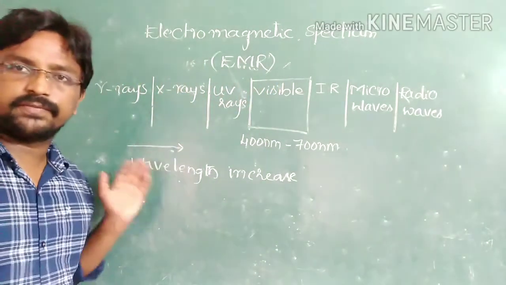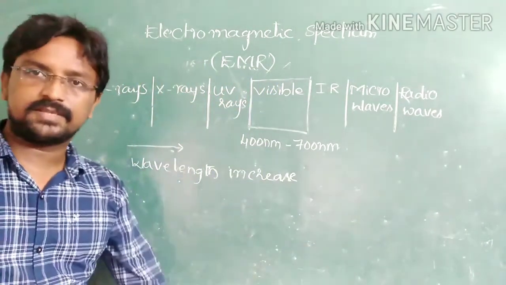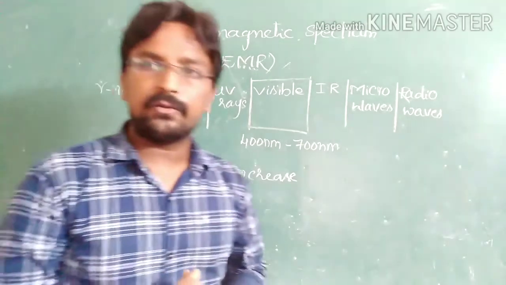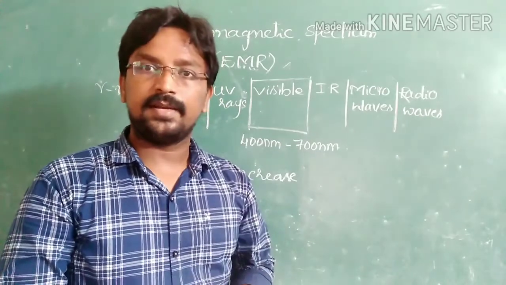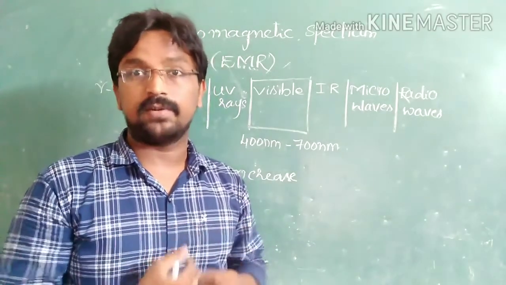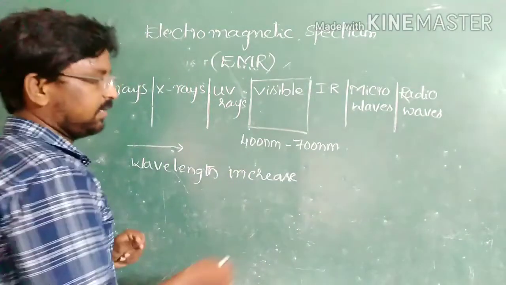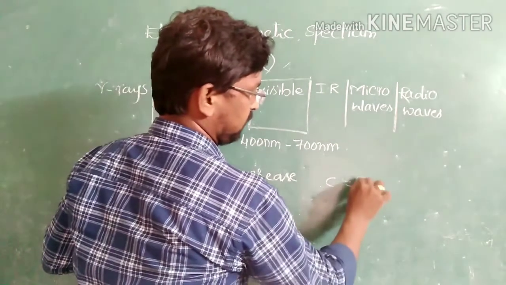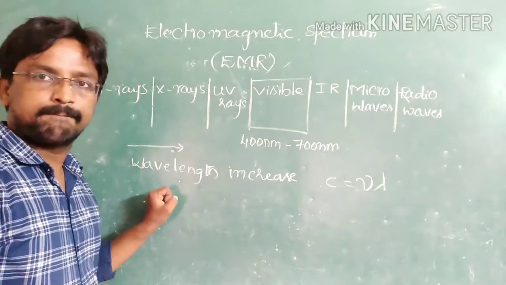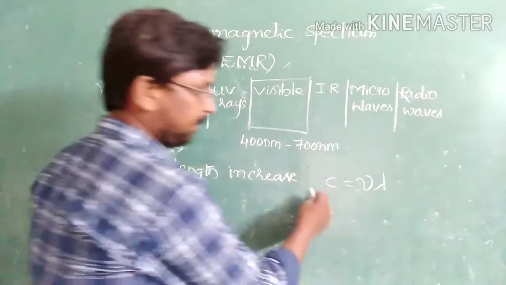If the wavelength is gradually increasing, what happens to the frequency? In the last video we saw the relation between frequency and wavelength. What is that relation? c = νλ.